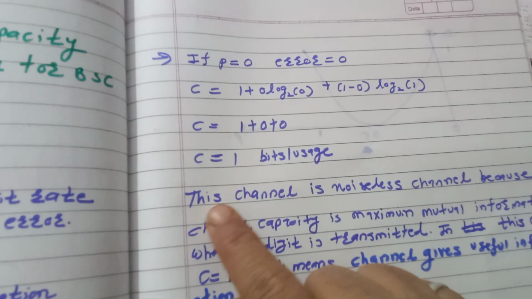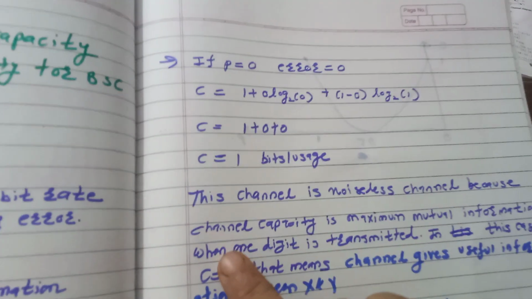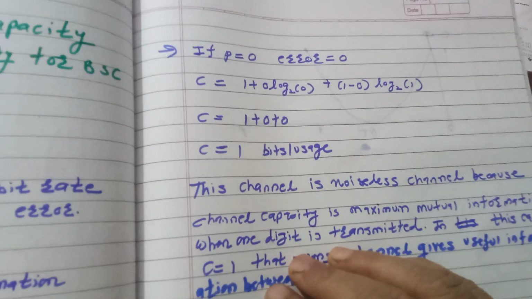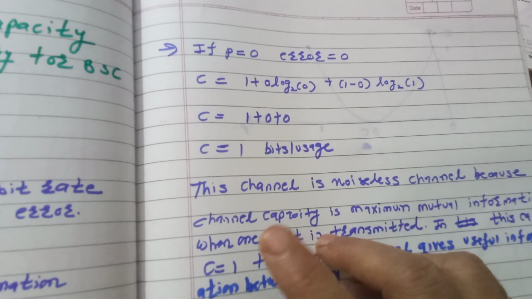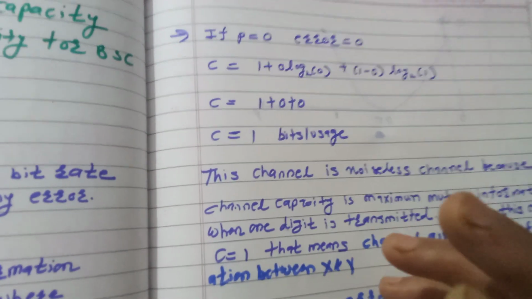So such a channel is called a noiseless channel, because this channel is providing useful information, that you are going to get correct reception.